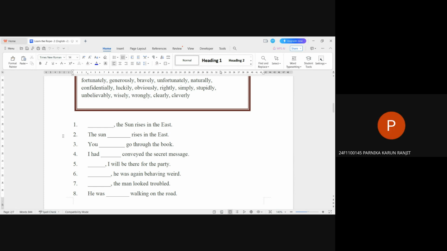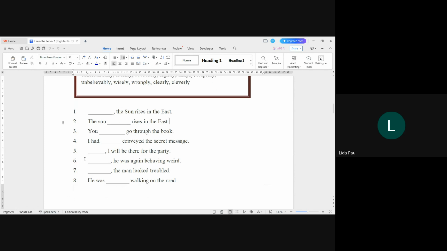Unfortunately, maybe. But I think your previous answer is the better one. Unfortunately and fortunately might require context, but for the man looked troubled, I think clearly would be the better choice. Clearly, the man looked troubled. Okay.